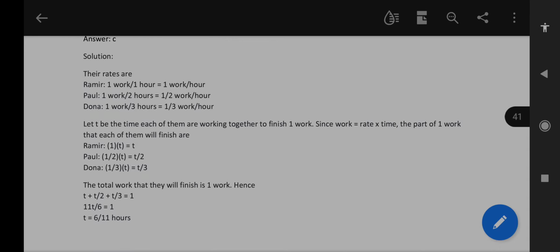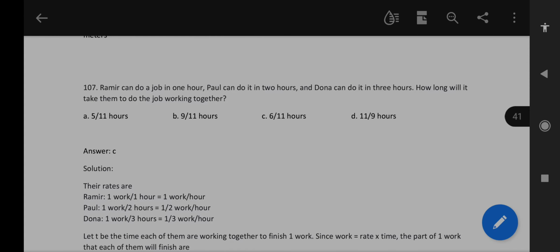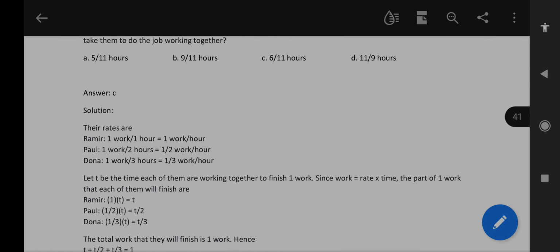Yung total work na mafi-finish nila is 1 work syempre. Hence, T plus T over 2 plus T over 3 is equals to 1. Kaya, magka-come up ka sa 11T over 6 equals to 1. Therefore, solve mo siya gamit ang algebra, makuha mo yung value ng T na 6 over 11 hours. Kasi tinatanong dyan sa'yo, how long will it take them to do the job working together?